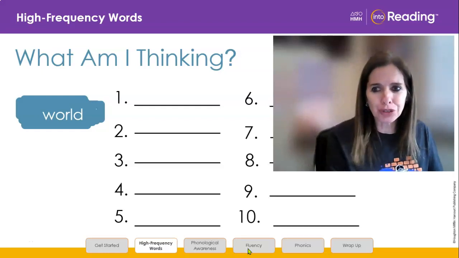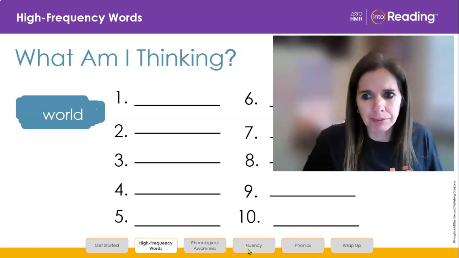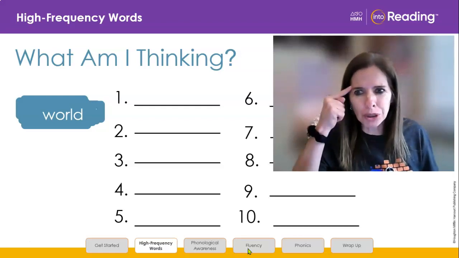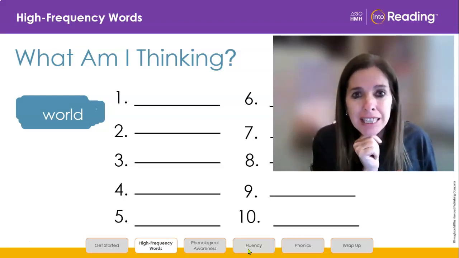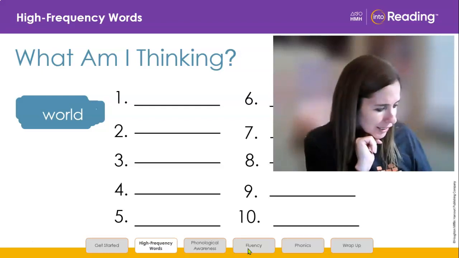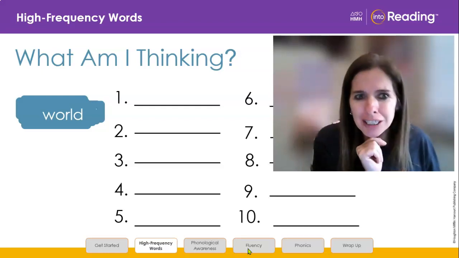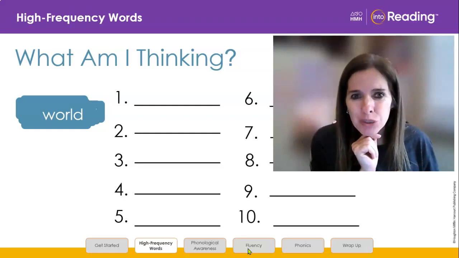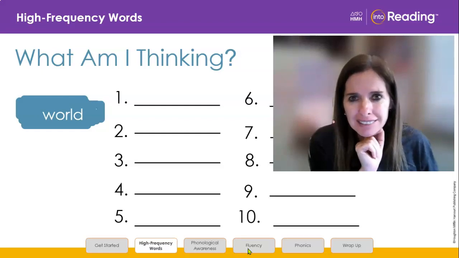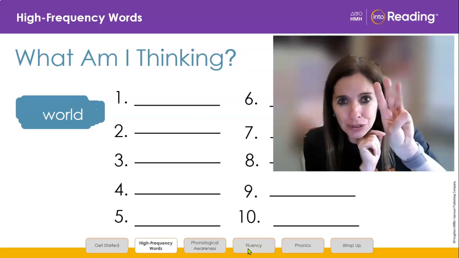These are the clues for number 1. All right. Here are the clues. What word am I thinking? This word is a contraction. You should be looking at your words. Which word is a contraction? This word starts with a W and ends with a T. So I gave you 3 clues for this word.